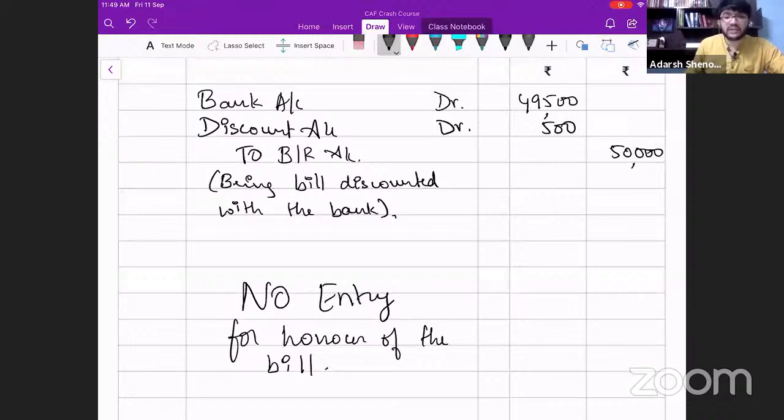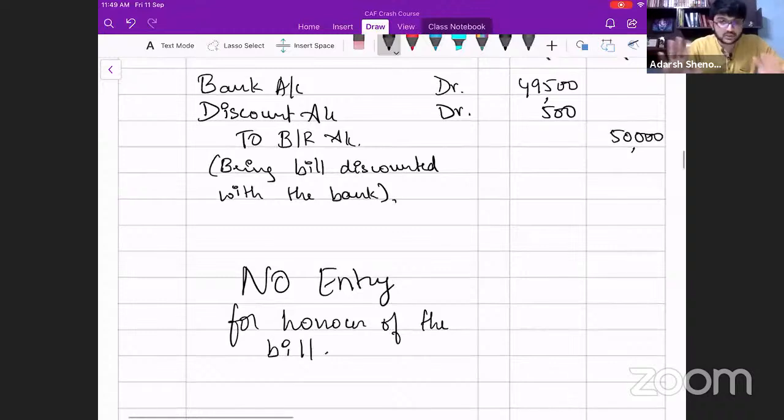Here, what has happened is we have given the bill to the banker. The banker has taken the bill. Asset is gone. I don't have the asset. Suman is going on the due date to the bank and paying to the bank. It's not going to make any difference for me.